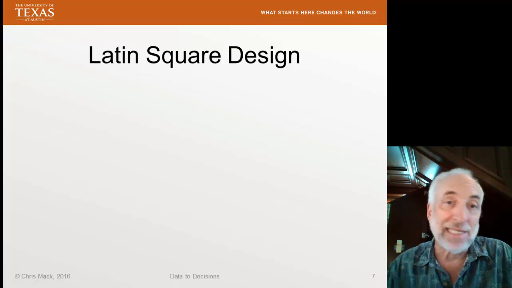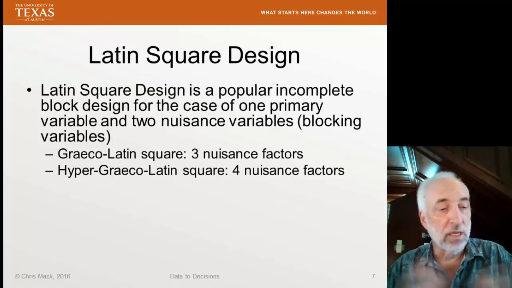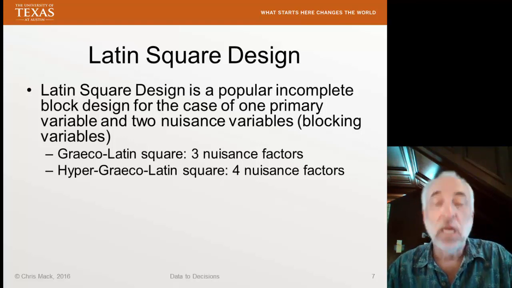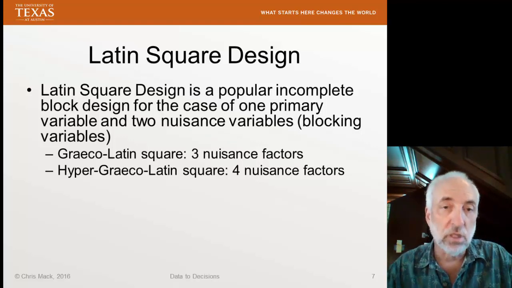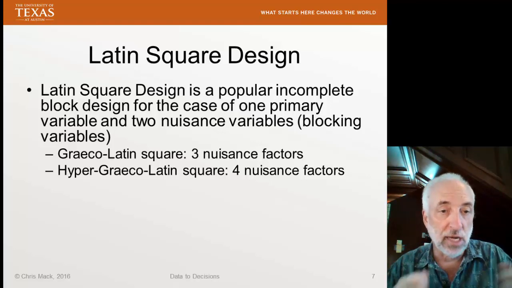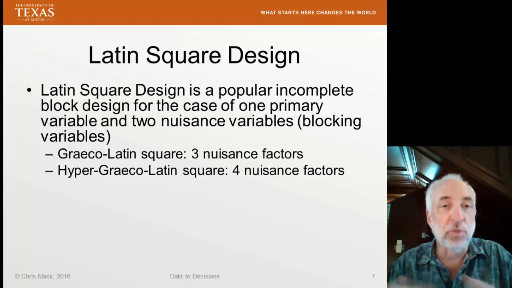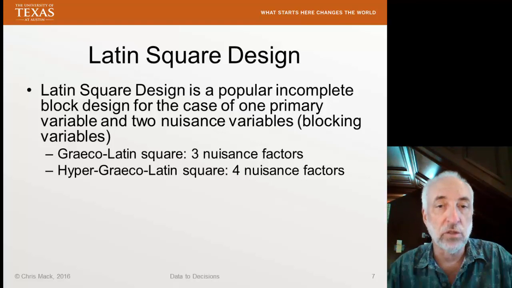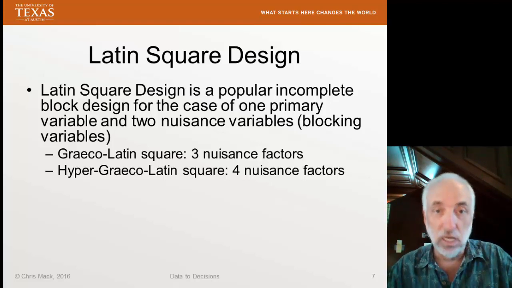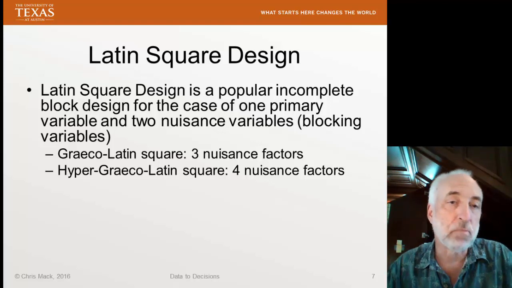Another interesting blocking design is the Latin square. If we have many nuisance variables, it can be very difficult to do complete randomized blocks. If I have two nuisance variables, then I have multiple combinations of those, and I would have to repeat the complete experiment 4 times, for example.